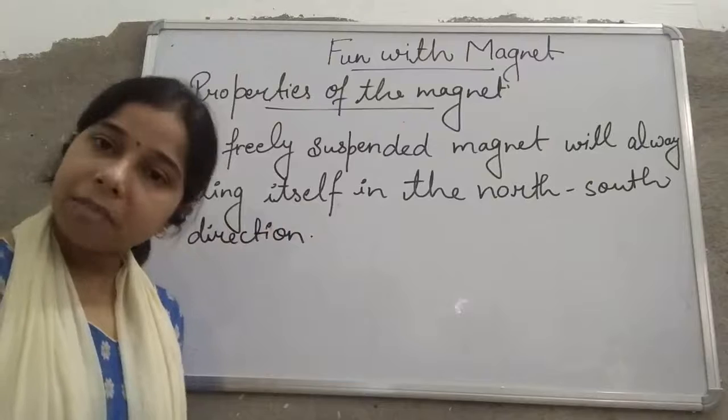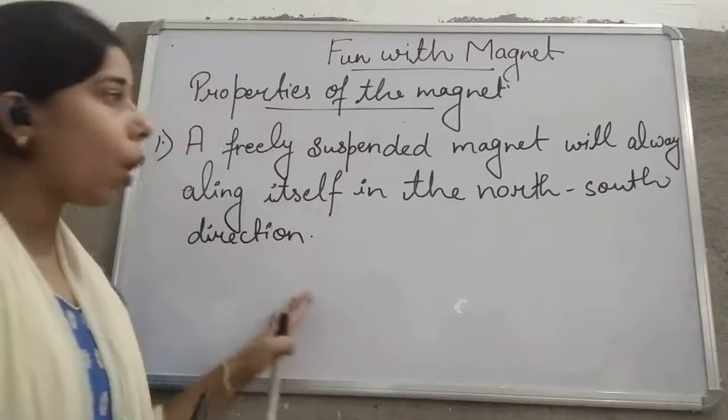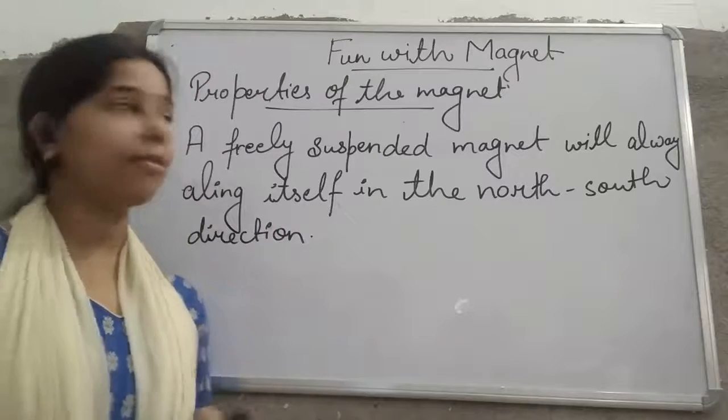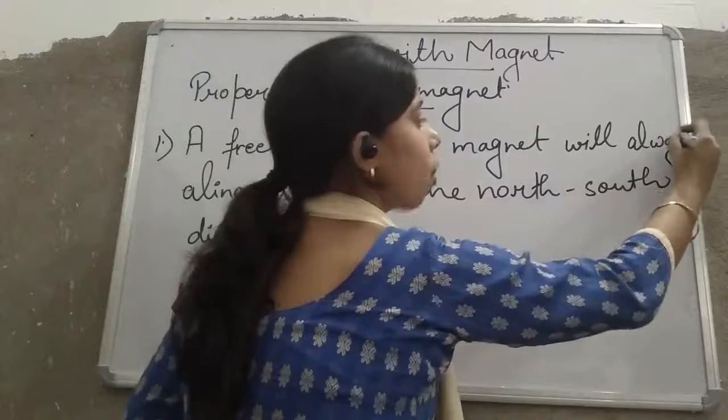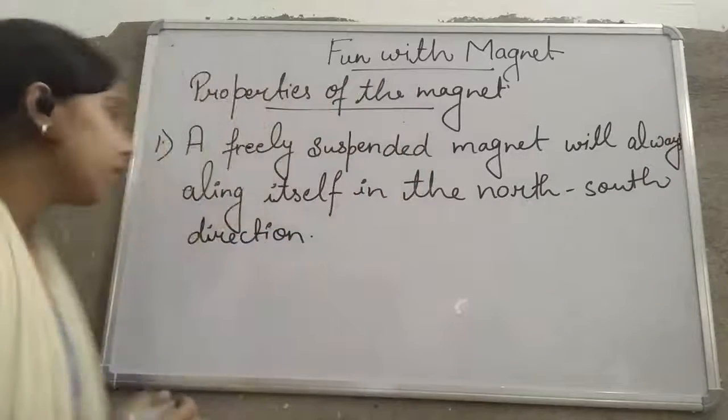So if a freely suspended magnet is there, it will always align itself in a north and south direction. This is always, students.